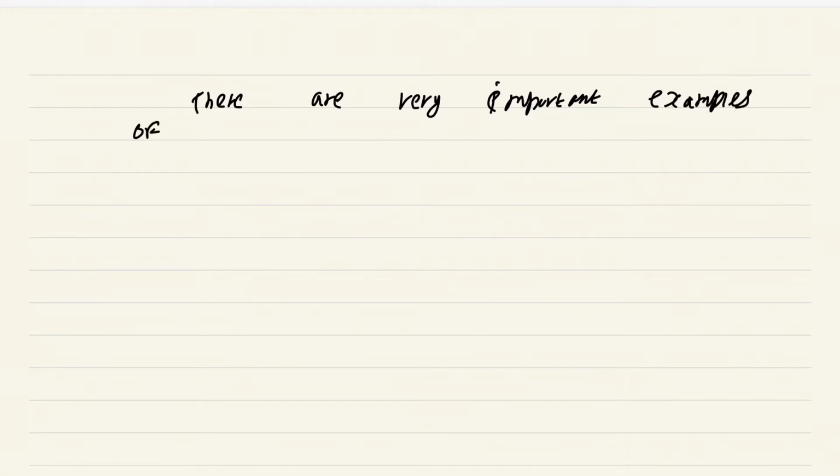Now coming back to the general scenario of R^n, there are very important examples of metric subspaces of R^n called submanifolds.